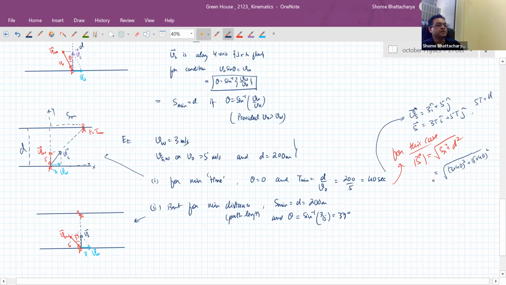So you'll see his net displacement is a lot more. So it's almost 230 something meters. He's compromising on distance.